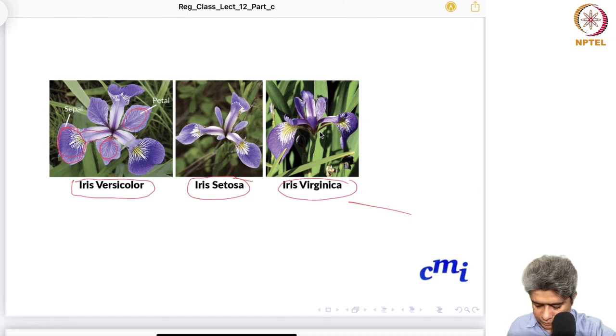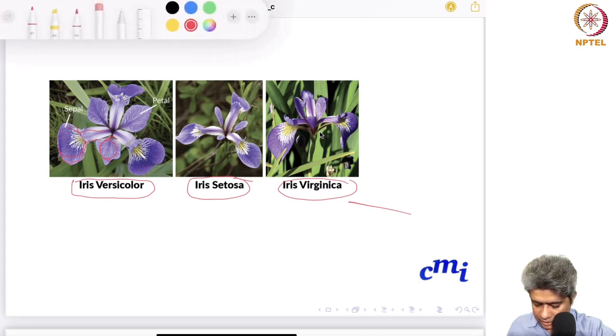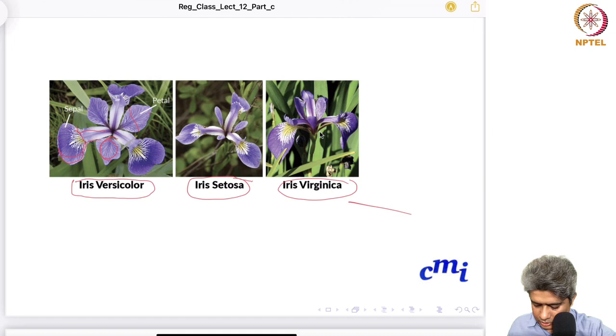Now, of the flower, what they have done in this dataset is take the petal width and petal length, and similarly the sepal width and sepal length.